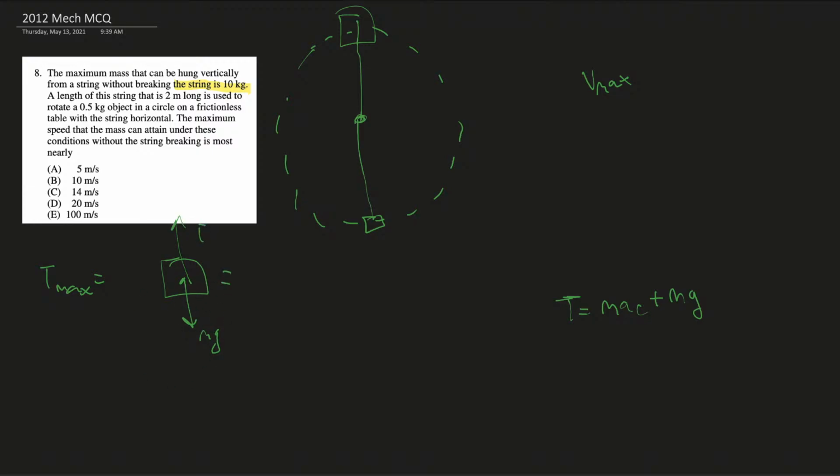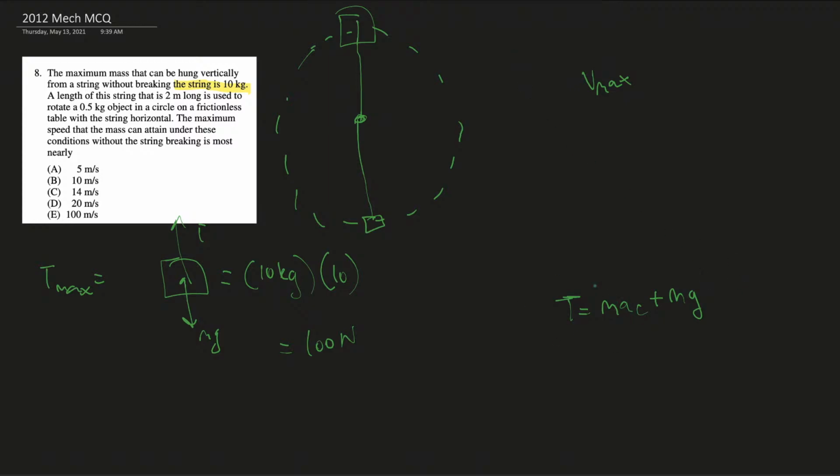We have 10 kilograms of mass times gravity. And on the MCQ of the Physics C mechanics test, you can approximate gravity to 10, so don't worry about using 9.8. You get 100 newtons. That's the maximum tension force that this can sustain without breaking.